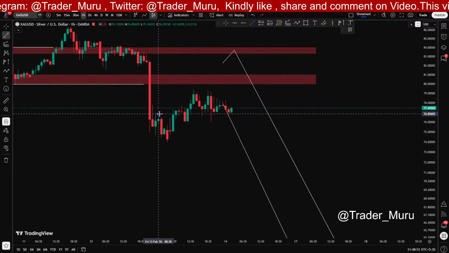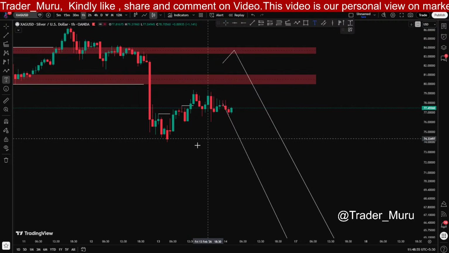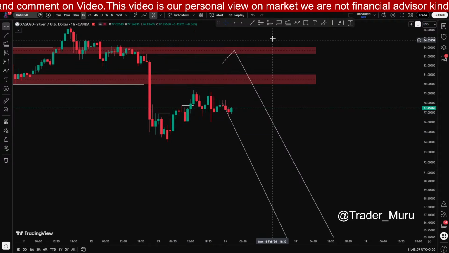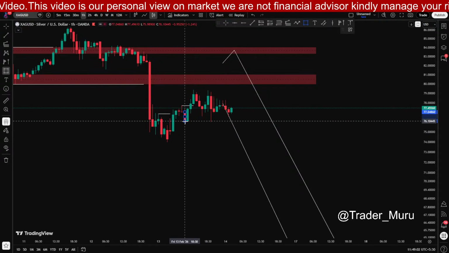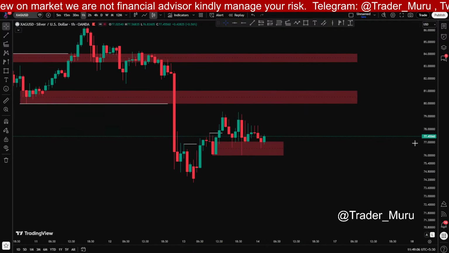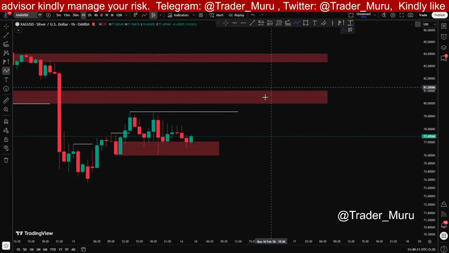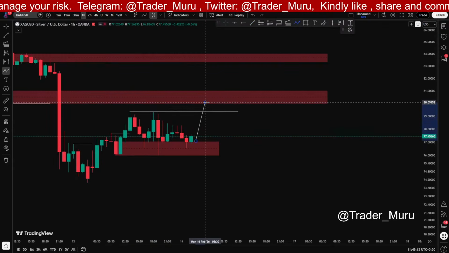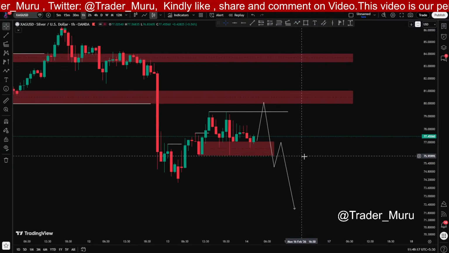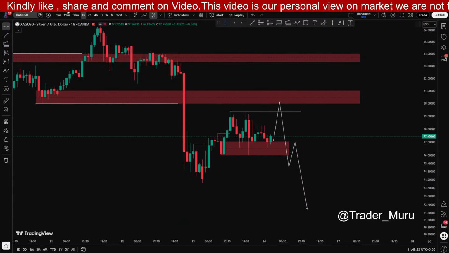Market structure shift, breakout structure, we have this order block test. Price is holding here. So possibly we can see this area test, then change of character and drop. Else you should be going with this bullish direction.